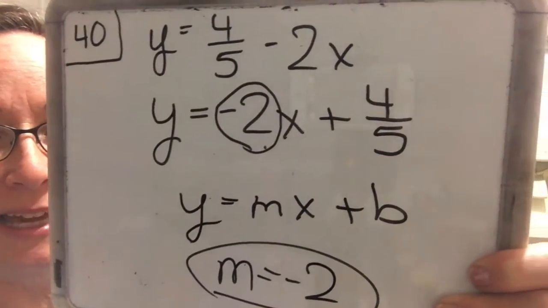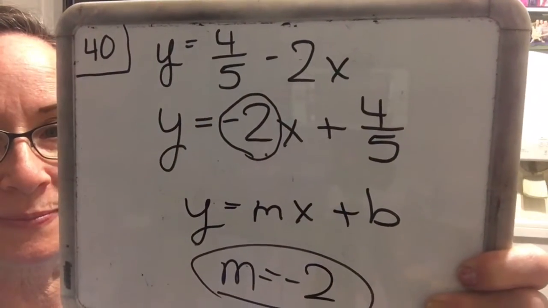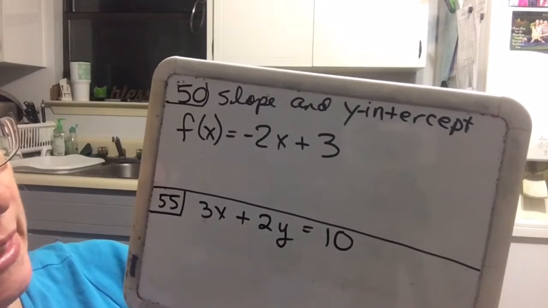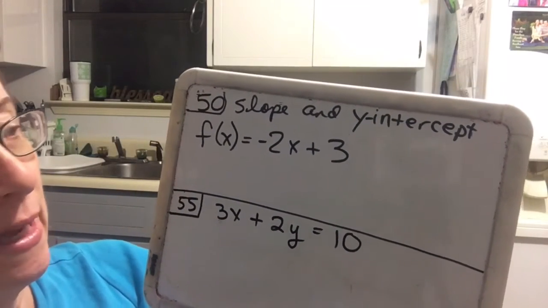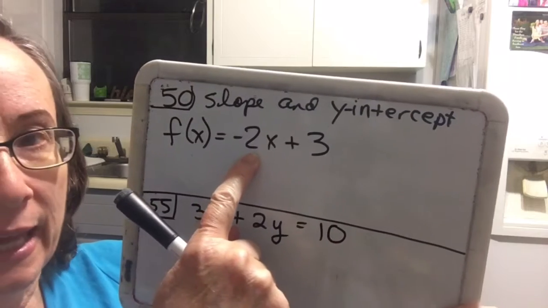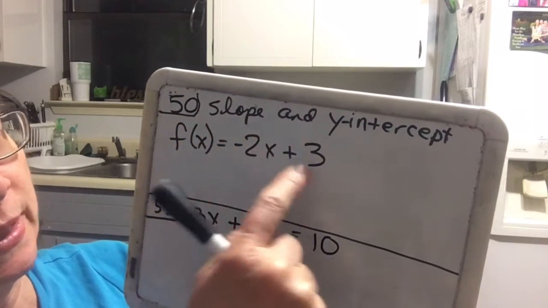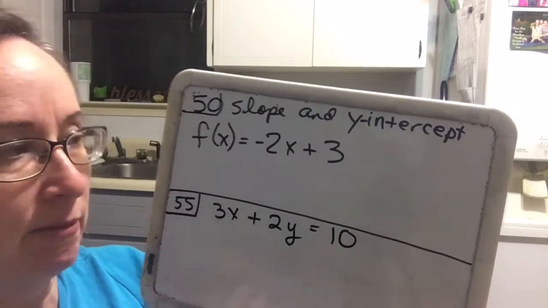Okay, so there's the slide up close. On these, we're supposed to find the slope and the y-intercept. Anytime you have an equation in slope-intercept form, that's very easy, right?